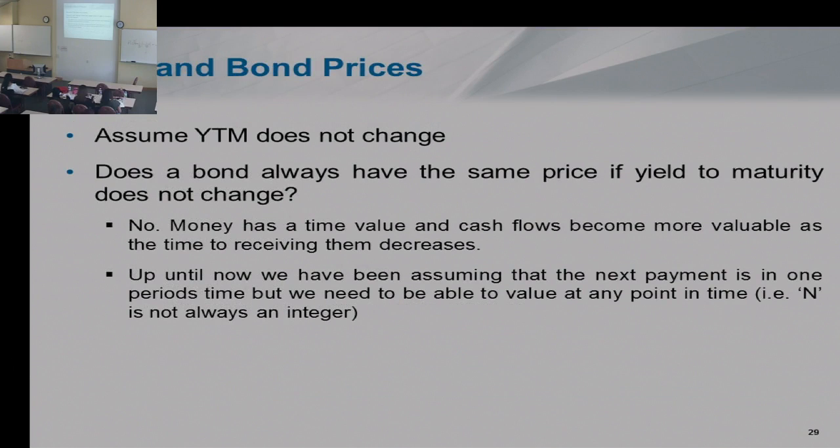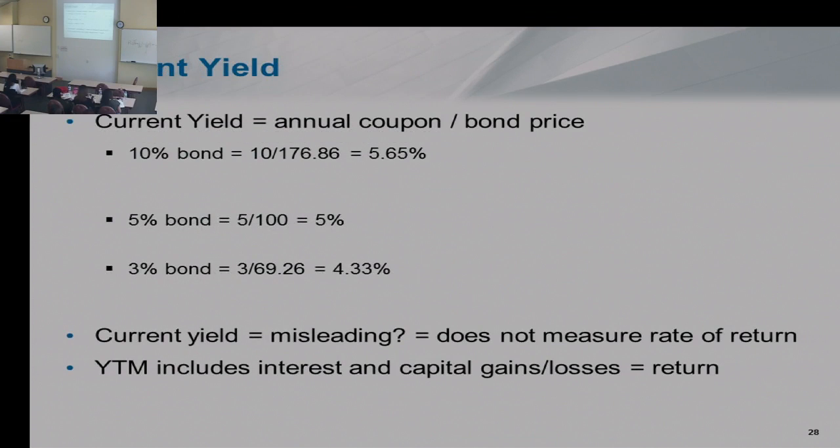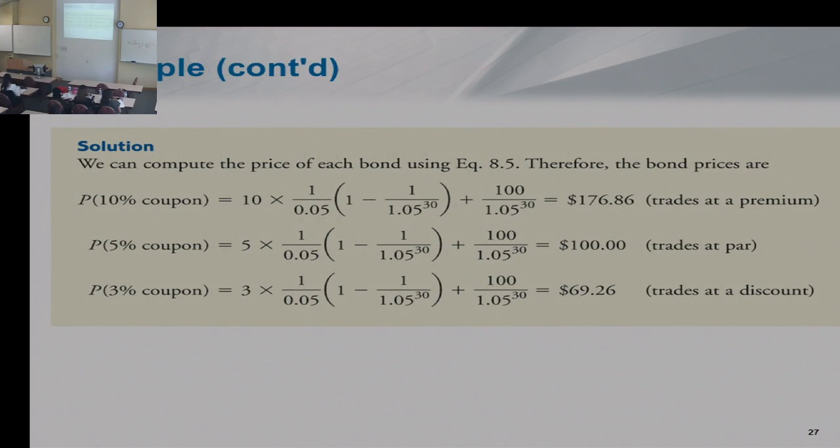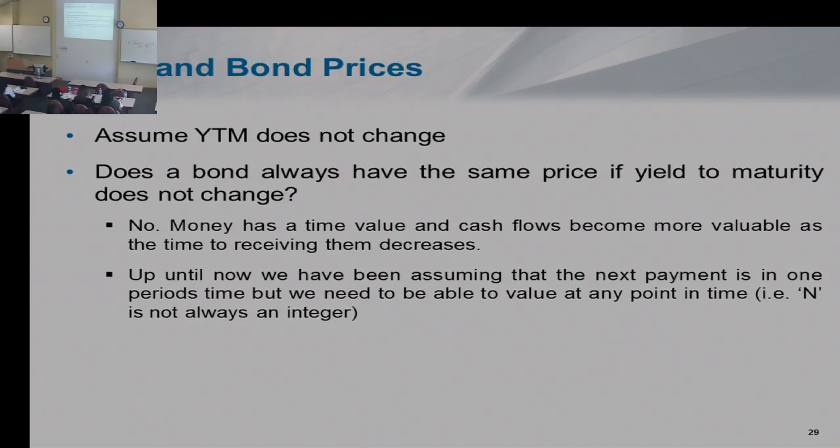Okay, well, these were prices for these bonds at a point in time. The point in time was 30 years to maturity. What happens to bond prices over time? Does the price of the bond always stay the same?